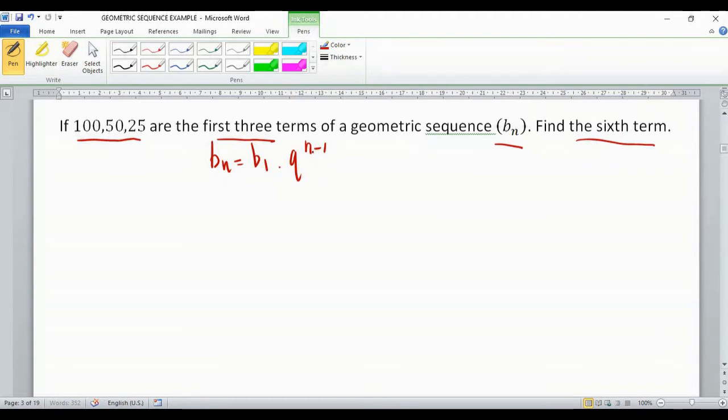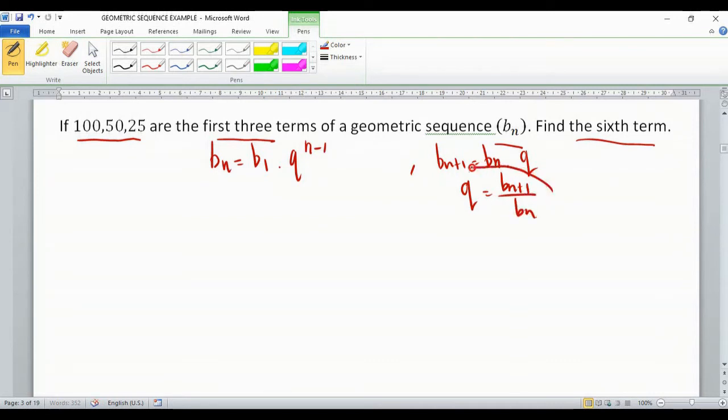So from here, remember to find the ratio. From the beginning, we already said Bn plus 1 equals Bn times k, right? So to find the ratio, it equals Bn plus 1 over Bn.